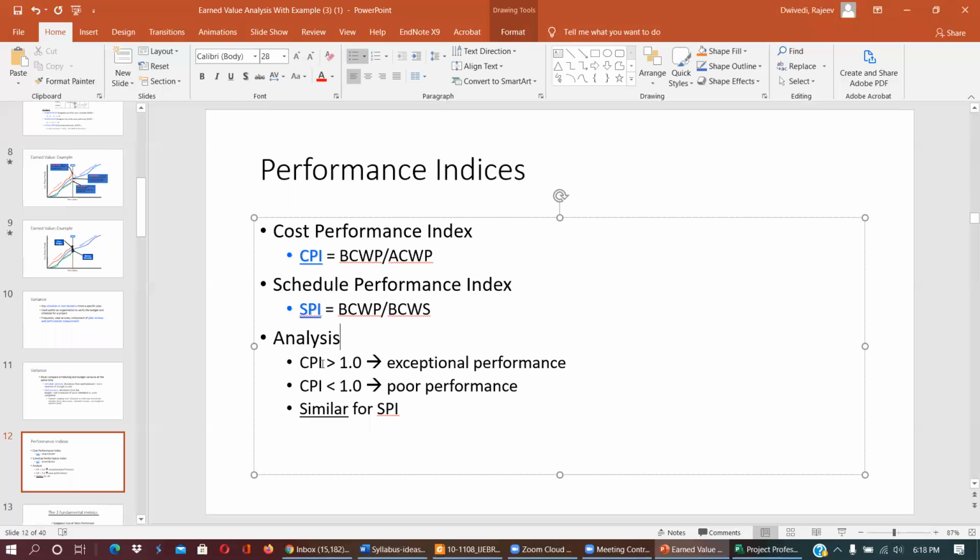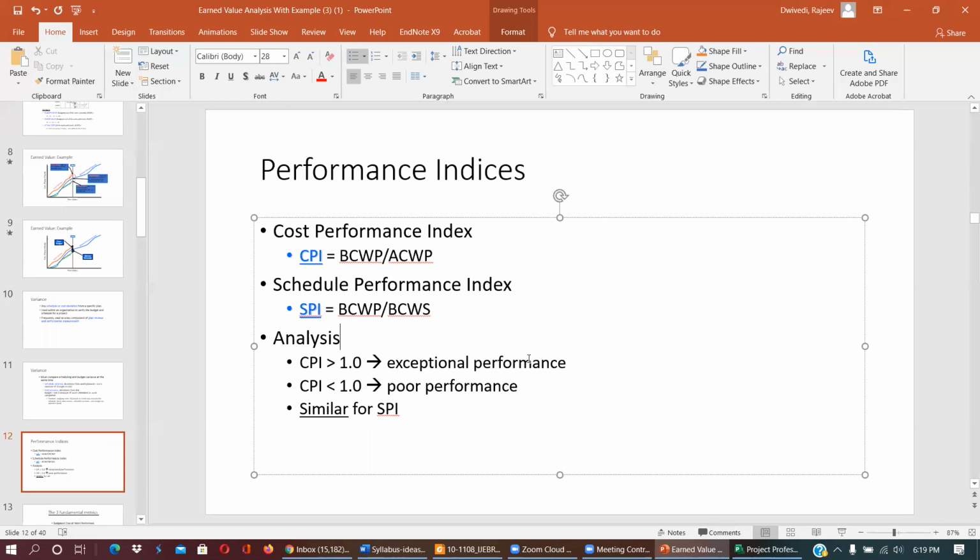If the cost performance index is greater than 1, that means exceptional performance; you are going to finish your work under cost and save budget. If it is less than 1, it is not as per expectation.